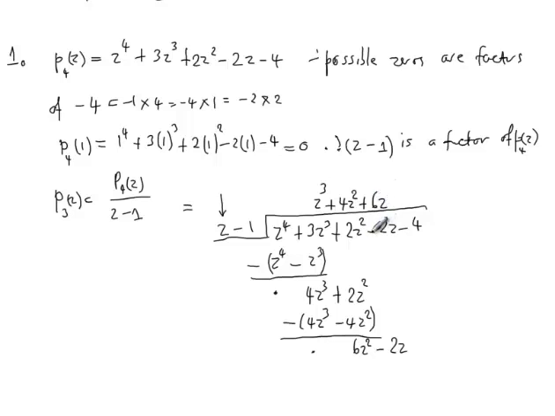Then we multiply, we get 6z squared minus 6z. Then we get a 0 again there. We get a plus 6 minus 2, we get a 4z, isn't it? Then we get a minus 4 down there.